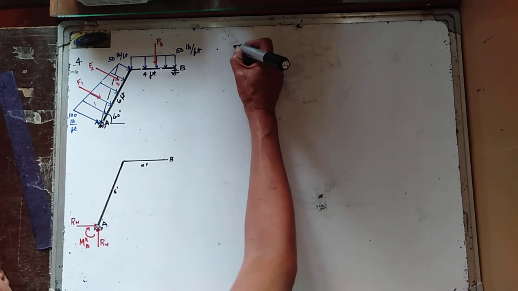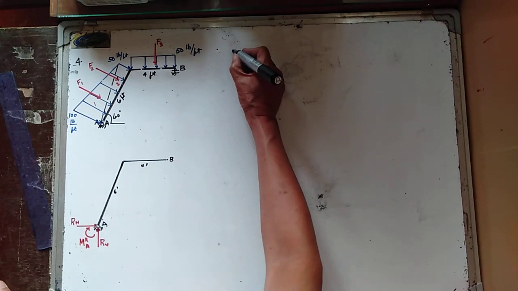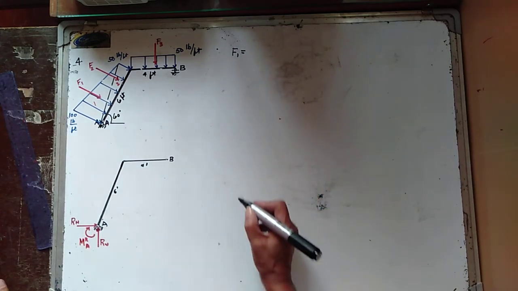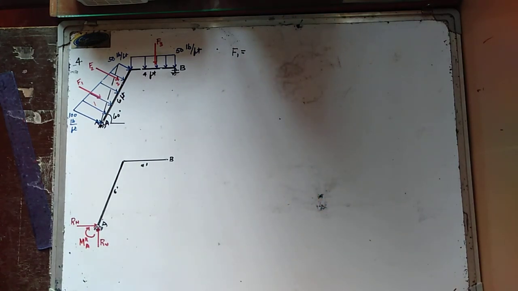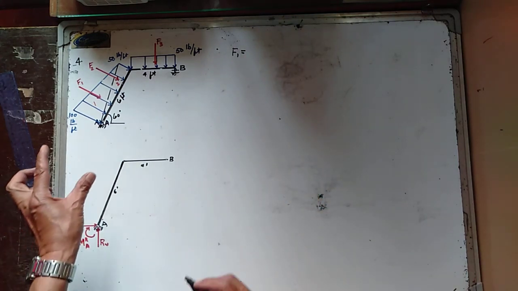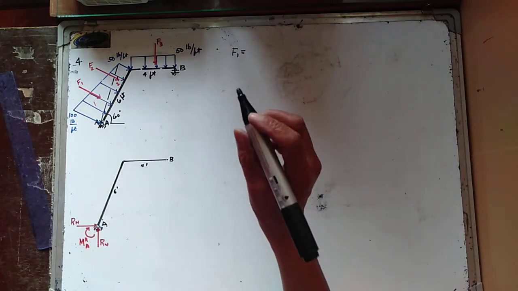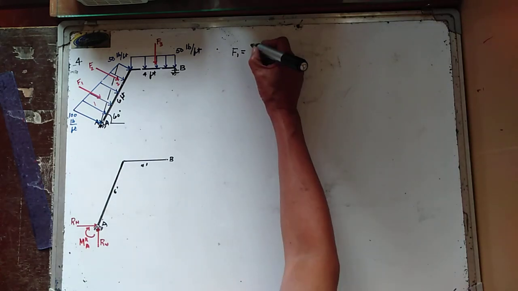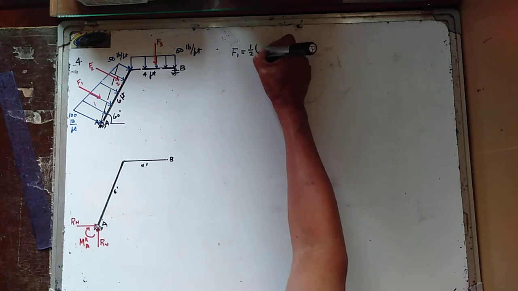So your F1 is equal to the area of the load diagram. At this time, it is a triangular area, so we have 1/2 of 100 pounds per foot, multiplied by 6 feet.